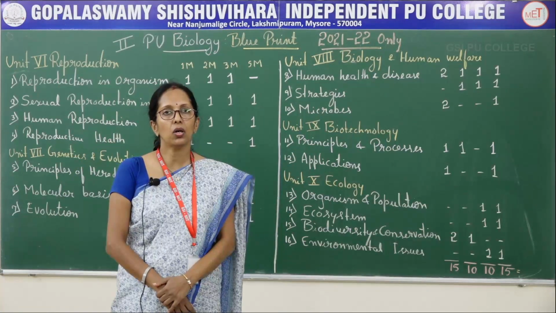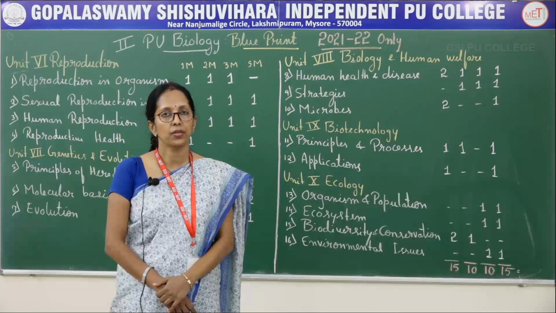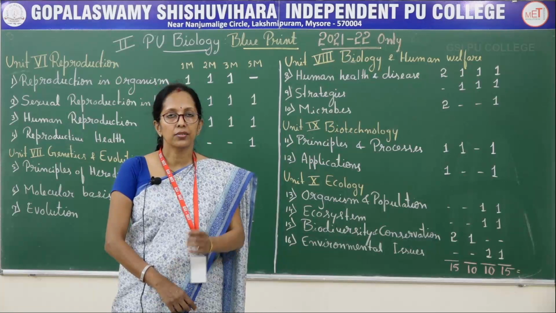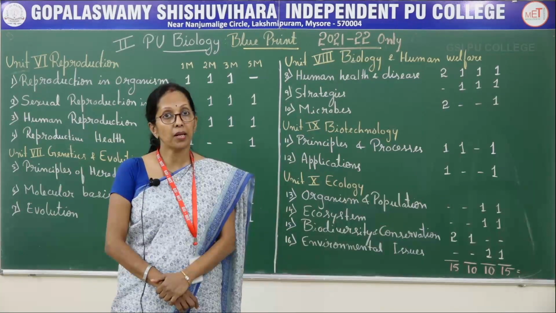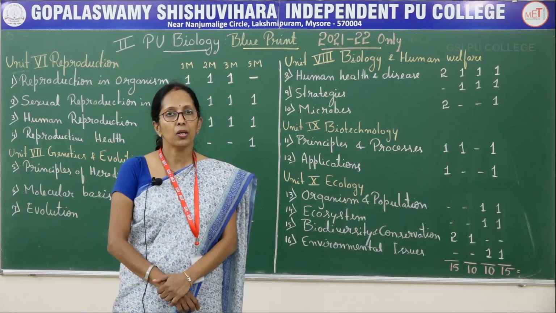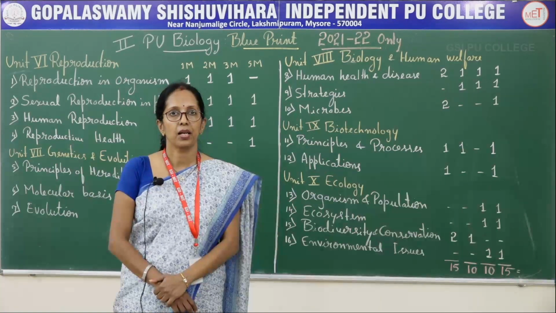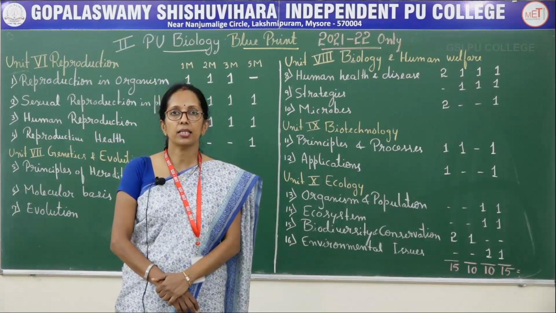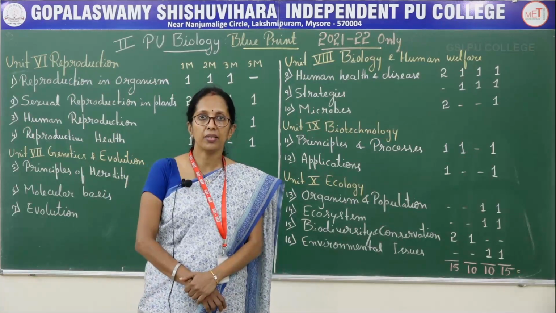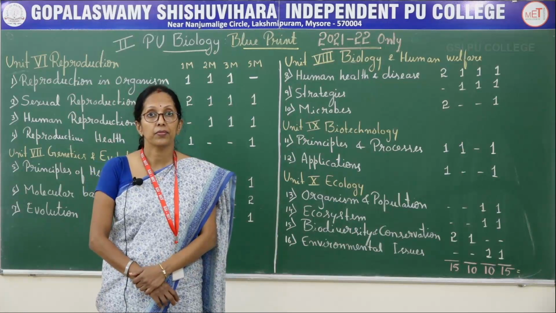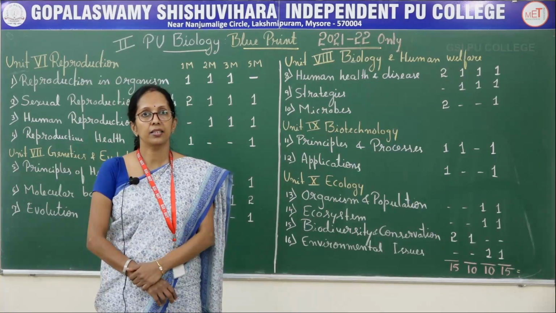Next we learned alcohol and drug abuse. Here we learned some of the drugs that are extracted from the plants. For example, opioids that are extracted from Papaver somniferum, cannabinoids that are extracted from Cannabis sativum, and then morphine, and LSD.